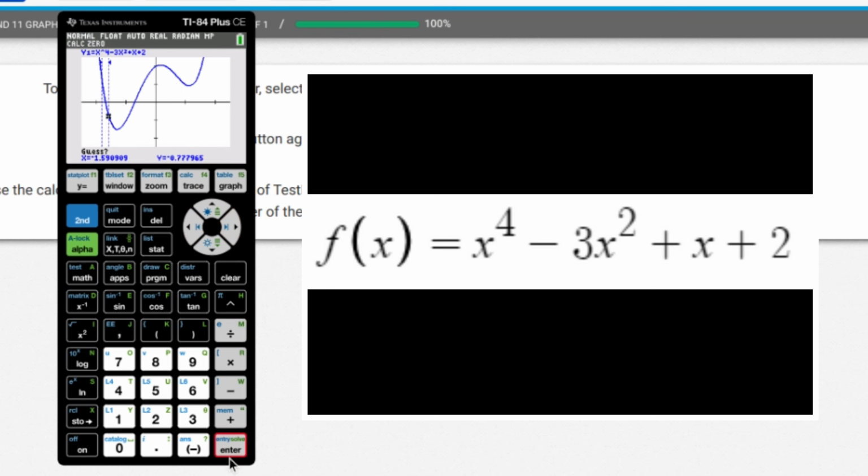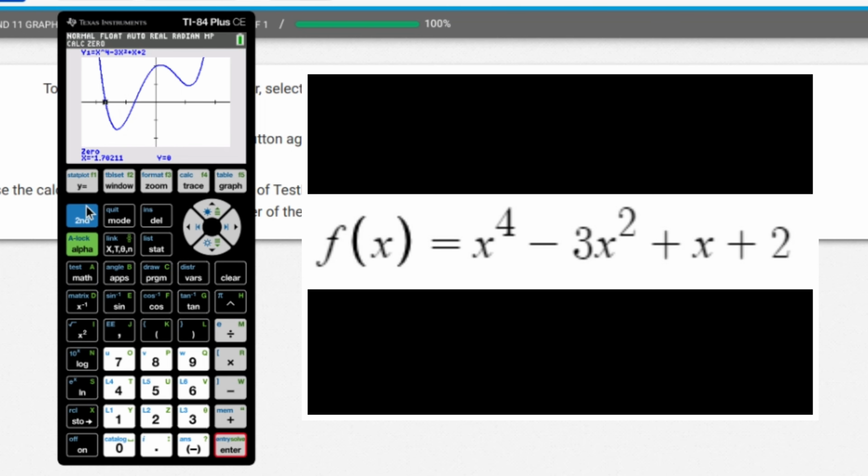Hit enter. And for guess, it gives us that little interval where our zero lives in between those 2 bounds. And we end up with -1.702. Since this is pre-calculus, we'll do -1.702. Got to get that whole thing in there. So that's one of my zeros.